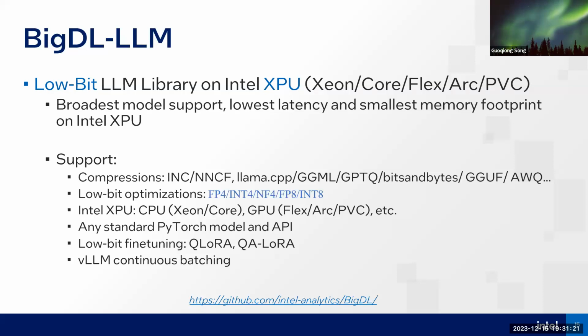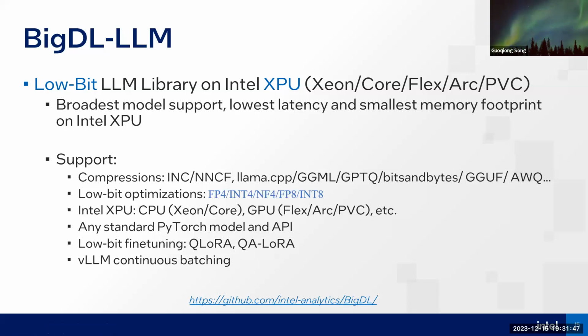For any standard PyTorch model and API, we support that. You just import from our library, then you use almost exactly the same code as you do for PyTorch. And we also support low-bit fine-tuning, like QLoRA and QA-LoRA, and also continuous batching.